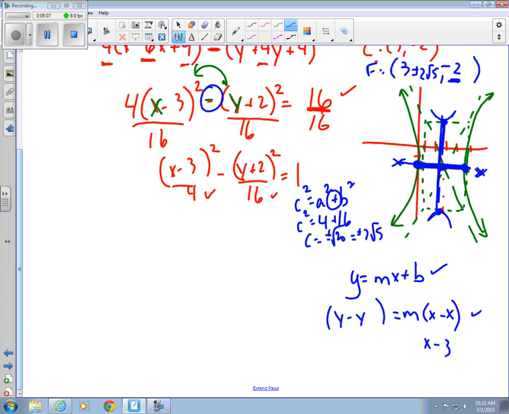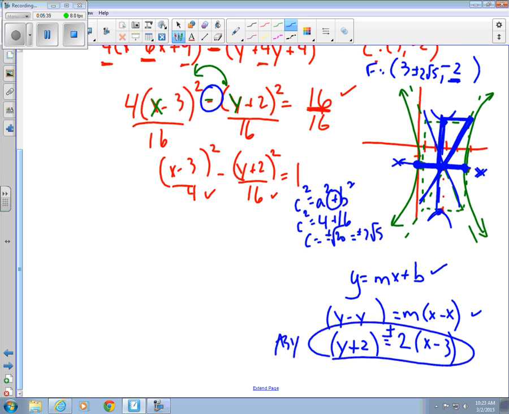So x minus 3, y minus negative 2. So that's going to go here. And then look at the slope. Do you see how you went up some and over some? It looks like you went up 4 and over 2. So when you go up 4 and over 2, that's the slope. And so 4 over 2 is 2. And so it's either positive 2, this way is positive 2, this way is negative 2. These are the equations of the asymptotes.